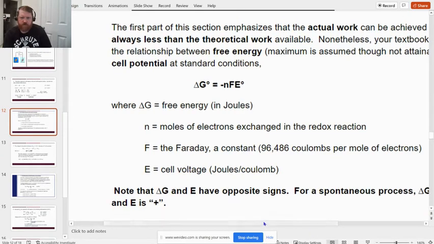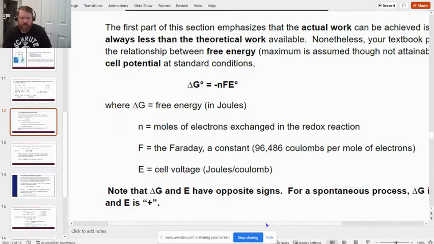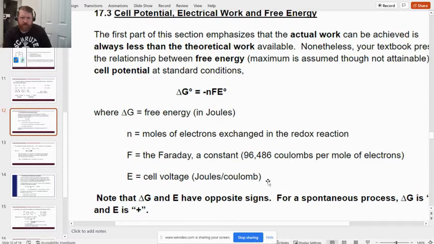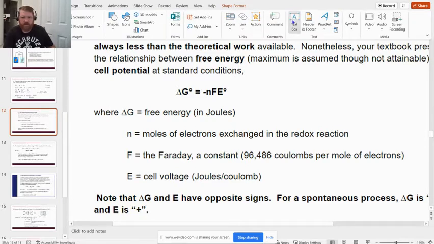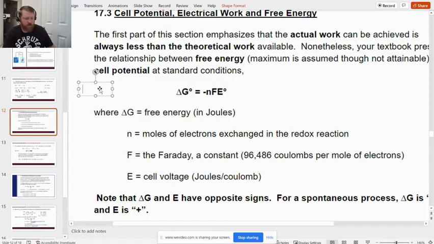Let's rediscuss delta G, the Gibbs free energy value. You want a negative value for a reaction to be spontaneous. For delta G, why did that not make a text box? Let's try that again.